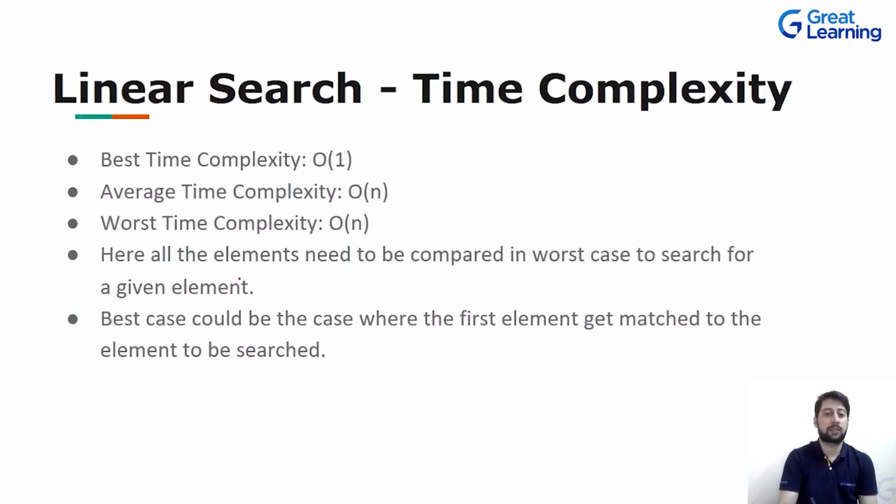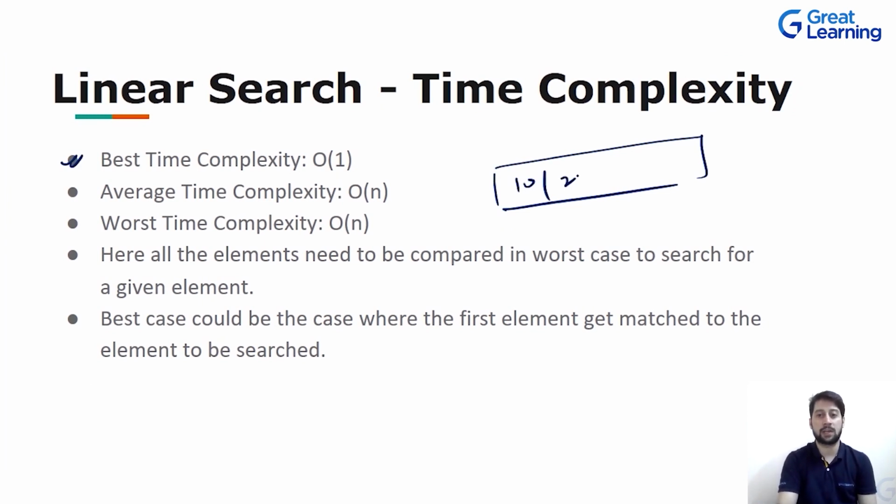Now let's talk about the time complexity of linear search. If you observe carefully, let's try to understand the best case. Let's suppose these are the elements in the array. In the best case, what can happen? You're looking for 10 and 10 is the first element in the array.